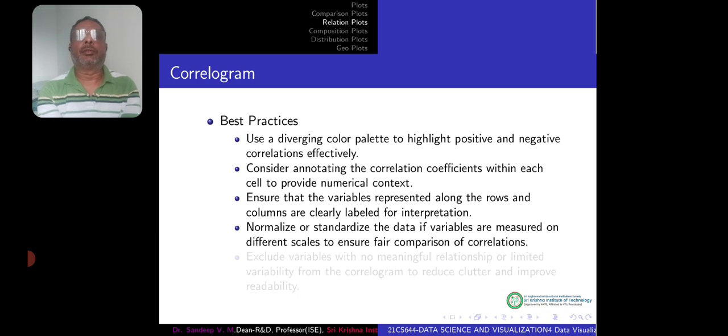So before plotting, make sure that the data are normalized so that the variations are clearly visible.